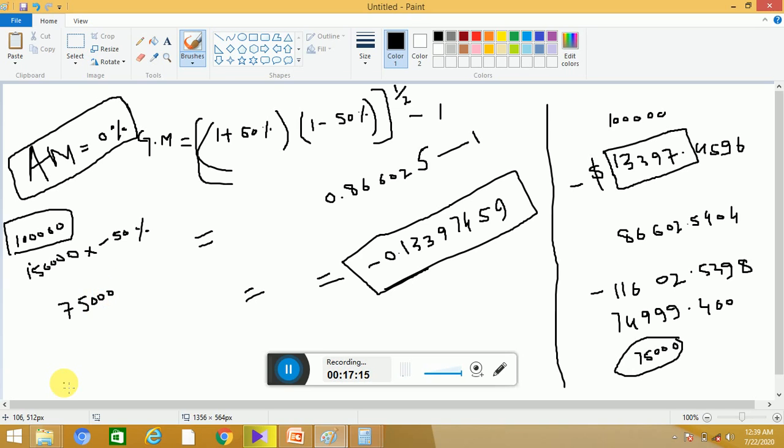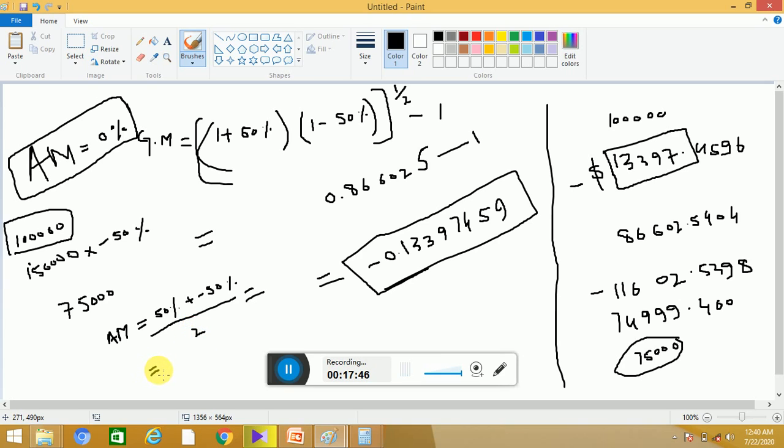Arithmetic mean was just calculating the average: 50% profit, second year a 50% loss, minus 50%, and divided by 2.